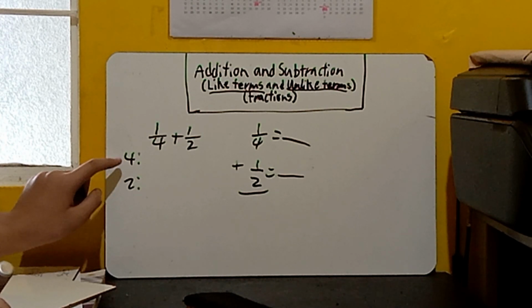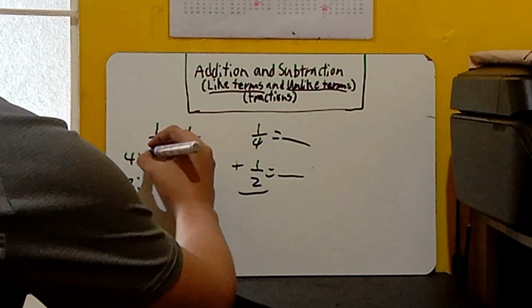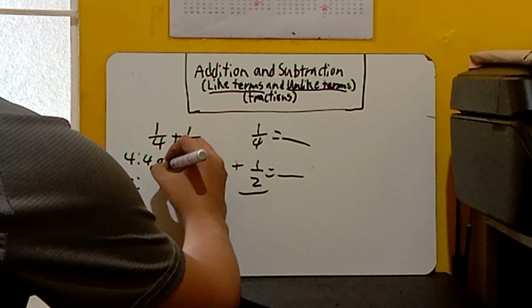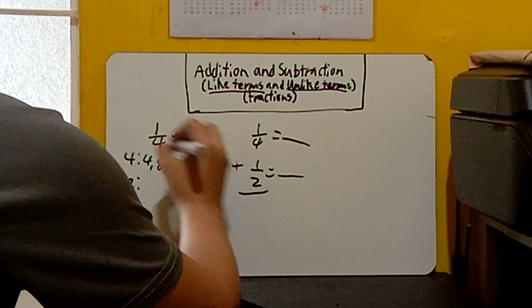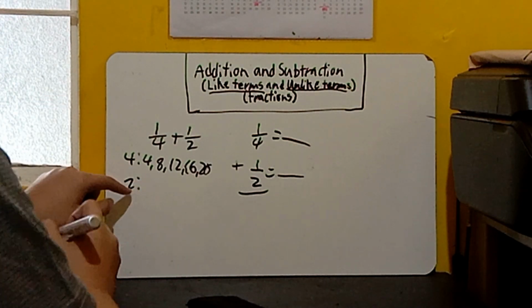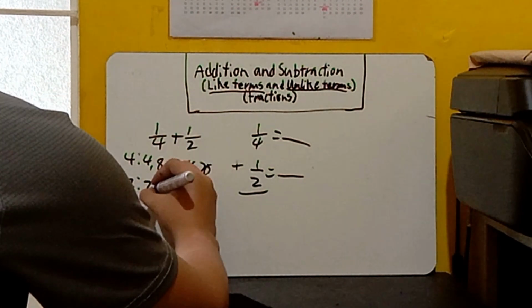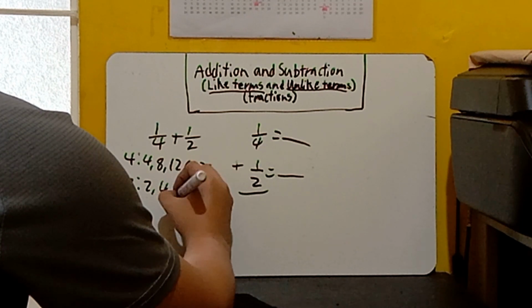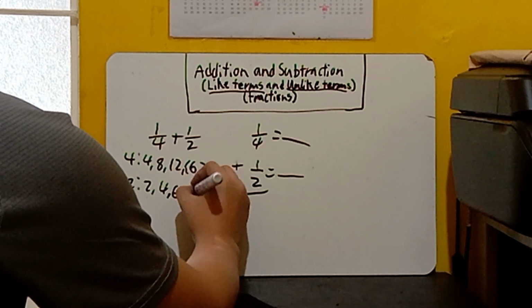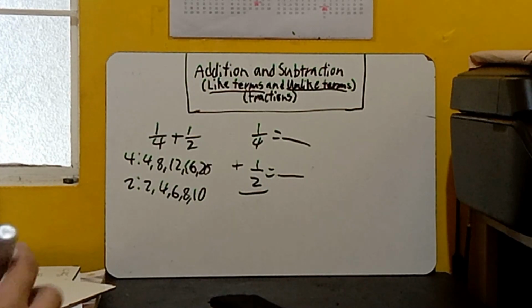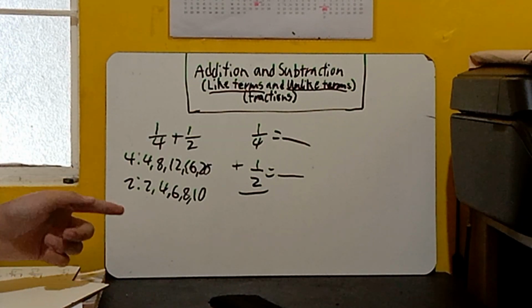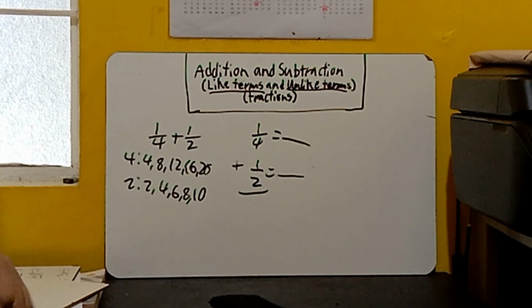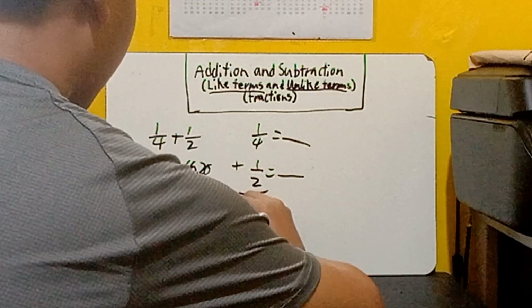In the multiplication table, 4 goes like 4, 8, 12, 16, 20, and then 2 goes like 2, 4, 6, 8, 10. What we're going to do next is find the LCD.